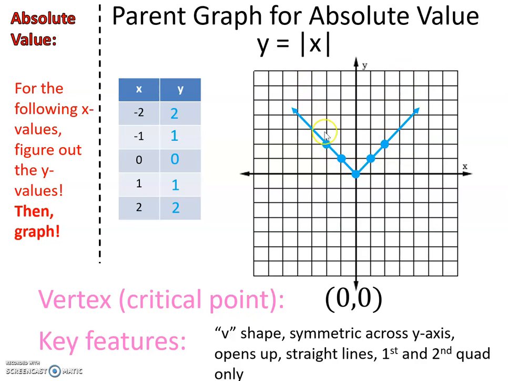And that's what we call symmetrical. So this is symmetric across the y-axis. The y-axis essentially is your line that cuts the graph exactly in half. It opens up. We have straight lines, like we said. And the key features are that this graph is in only the first and the second quadrants.